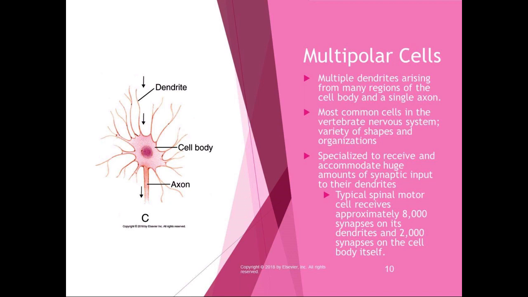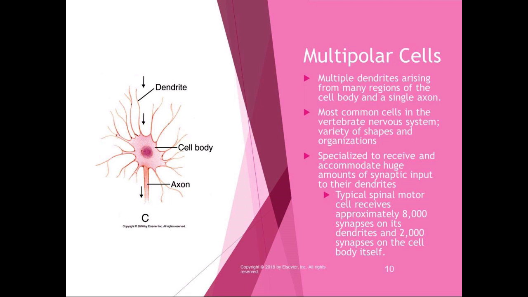Multipolar cells have a single axon and multiple dendrites arising from many regions of the cell body. The multipolar cells are the most common cells in the vertebrate nervous system, and they have a variety of shapes and organizations. They're specialized to receive and accommodate a large amount of synaptic input. A spinal neuron innervating a skeletal muscle receives as many as 8,000 synaptic contacts on its dendrites.